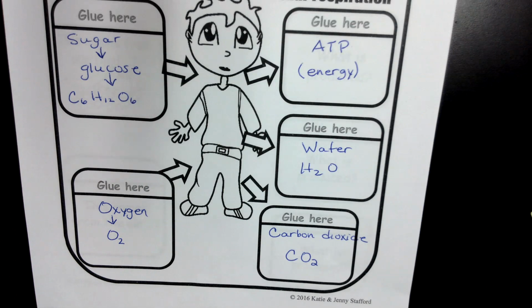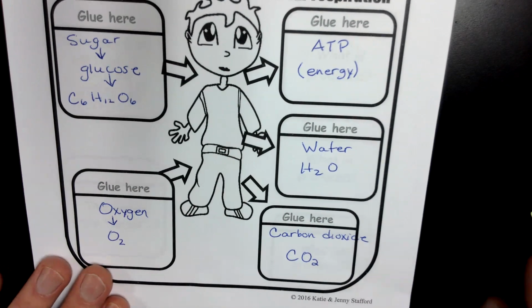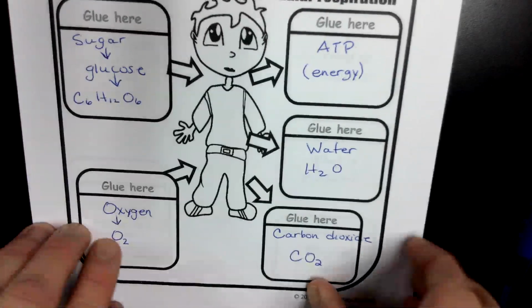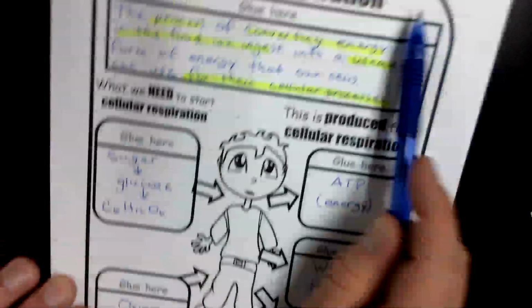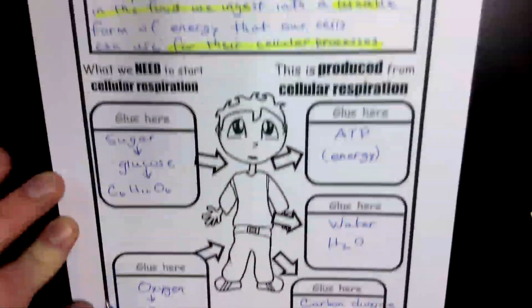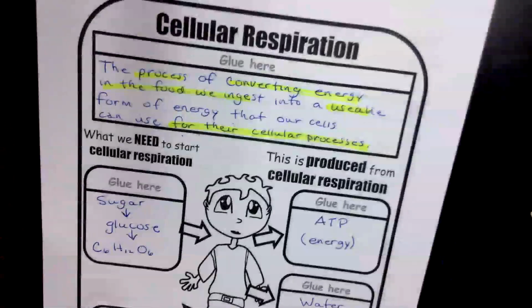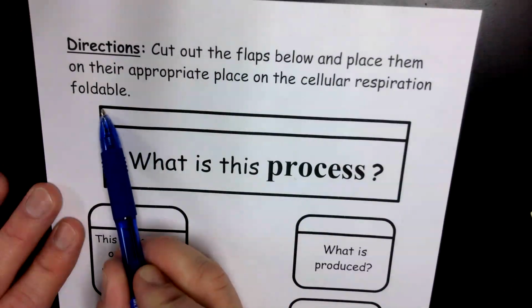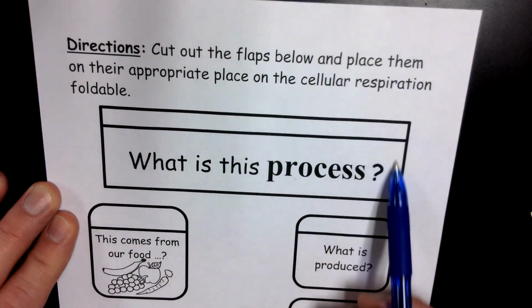Okay. So after you get this written down, what you're going to do is, first of all, cut this whole thing out right along the edge here. All the way around, just cut that out. Throw the scrap away. And then you're going to take these pieces, cut out along the very outer edge of each one.